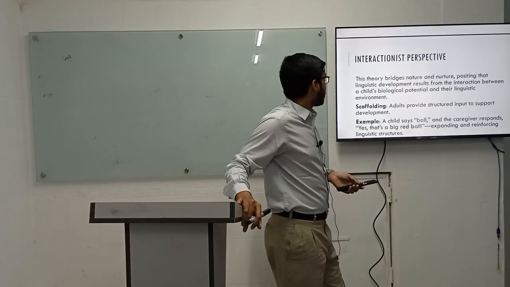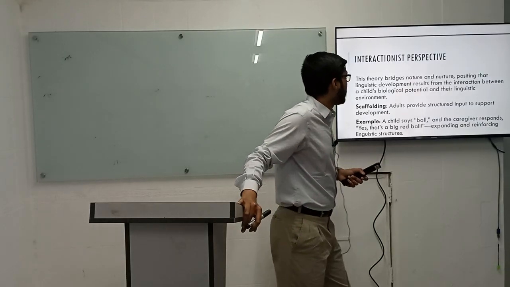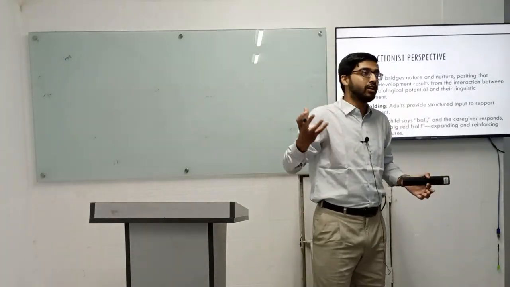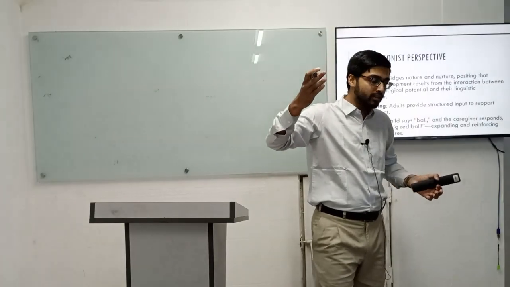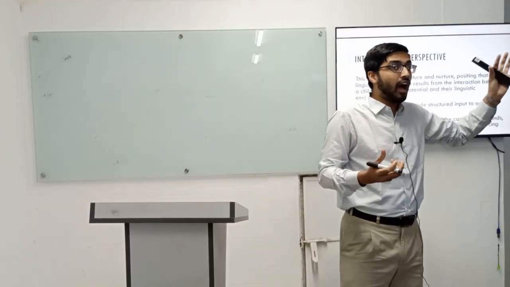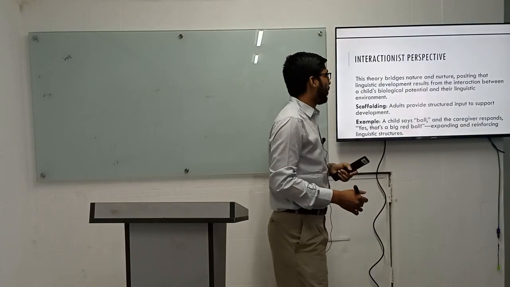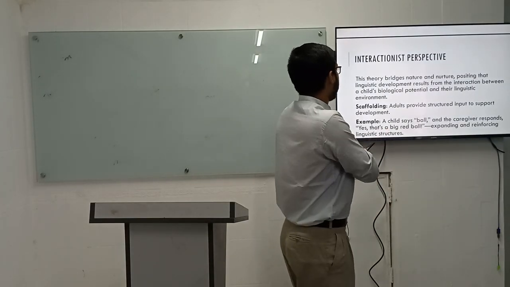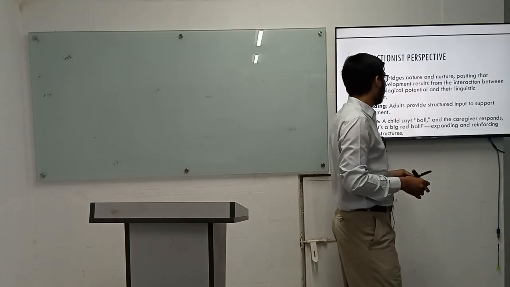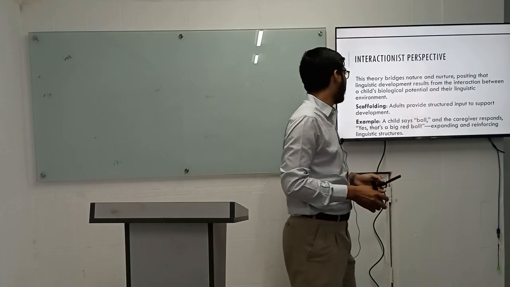Then the interactionist perspective. This theory bridges nature and nurture. Nature means natural, uncultivated; nurture means cultivated. It posits that linguistic development results from the interaction between a child's biological potential and the linguistic environment.